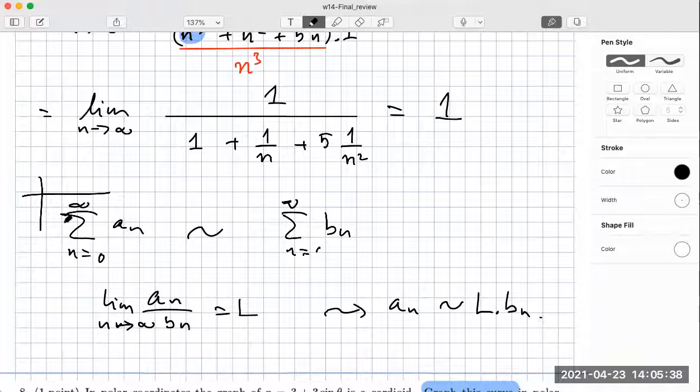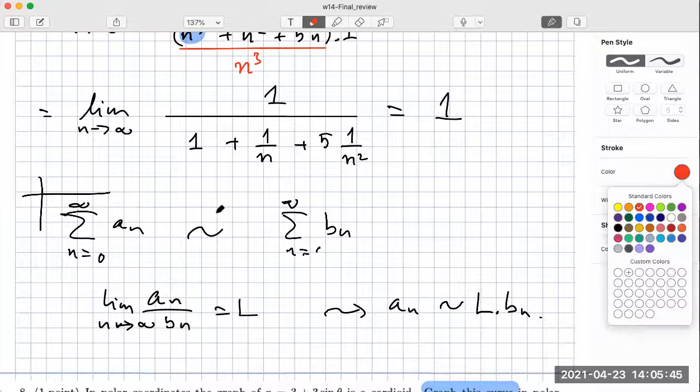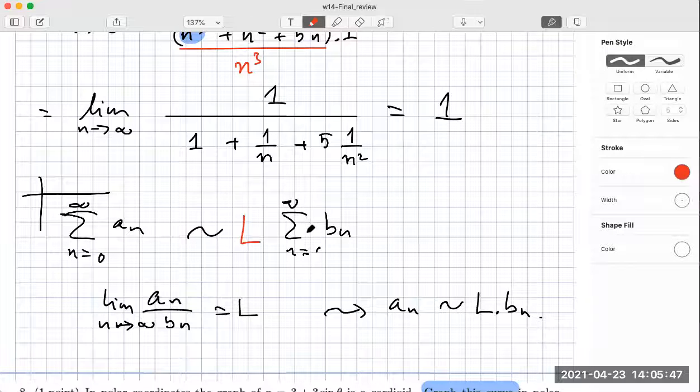In other words, if it is convergent, then the sum of the left-hand side should be approximately L times the right-hand side series. If one series is convergent, its sum will be a number, then the other series should be convergent as well.